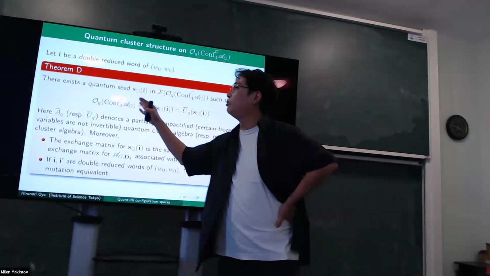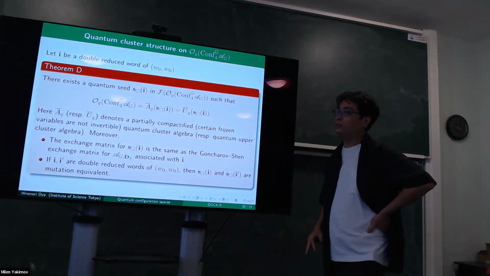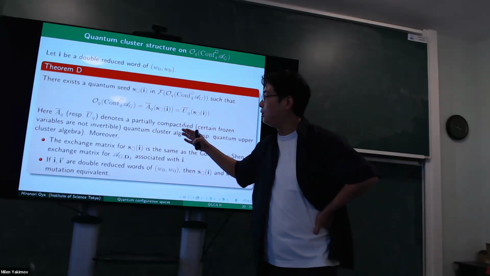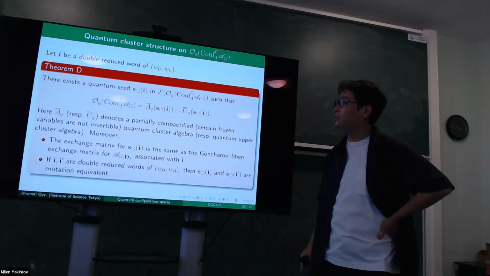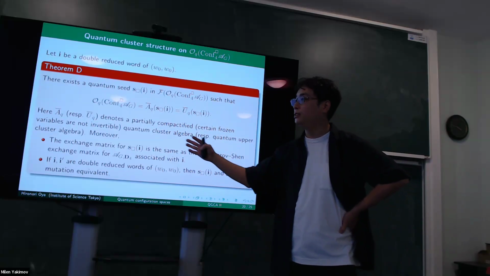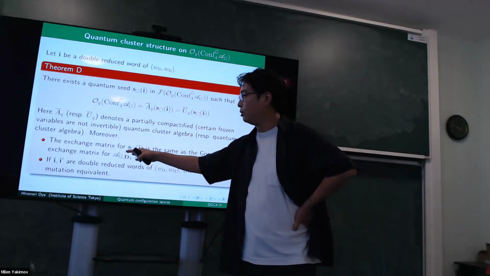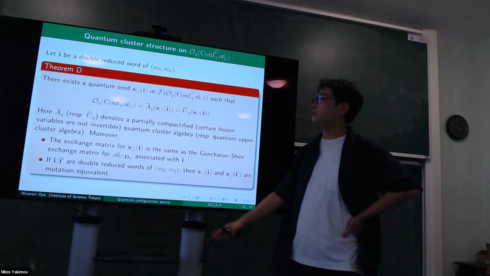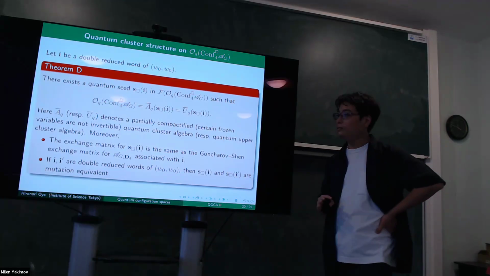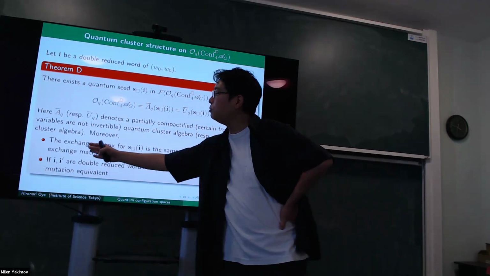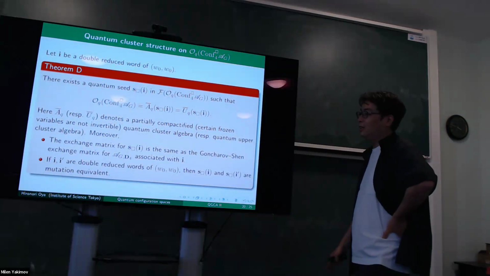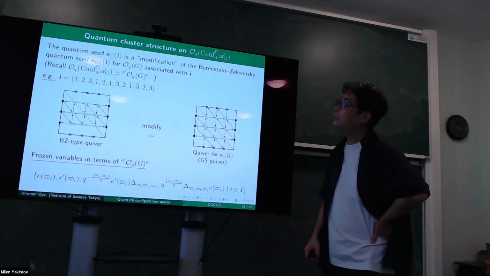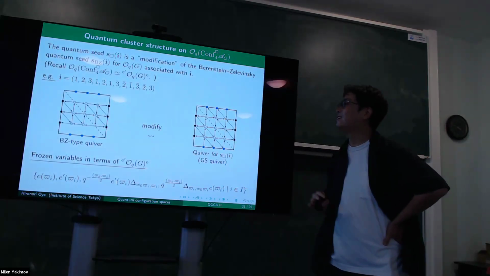The exchange matrix of the cluster algebra is the same as the quantum exchange matrix for the square associated with the double reduced word. And if we take two double reduced words, then these are mutation equivalent. This is our cluster structure.